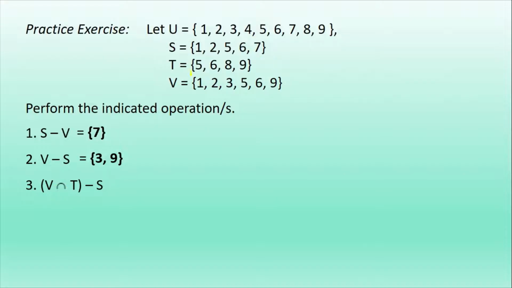So the common to V and T are 5, 6, and 9. Okay, ito yung magkaparehas doon sa dalawa. So, meaning these are the intersection of the sets V and T.